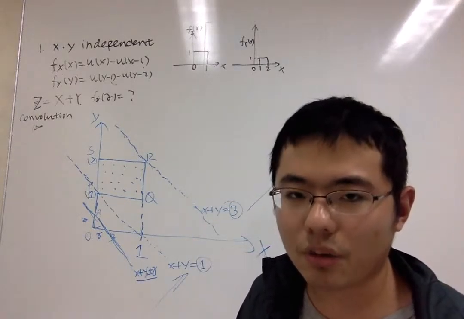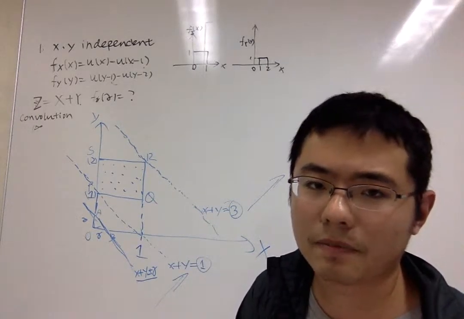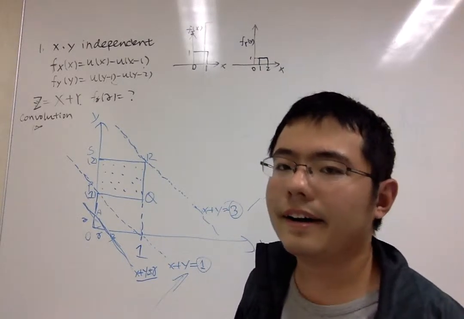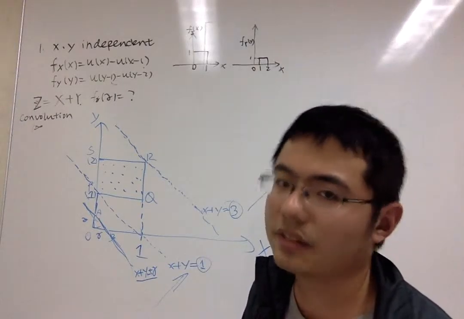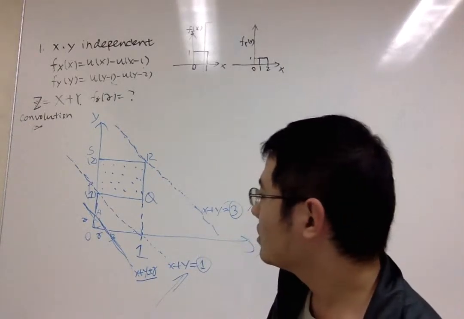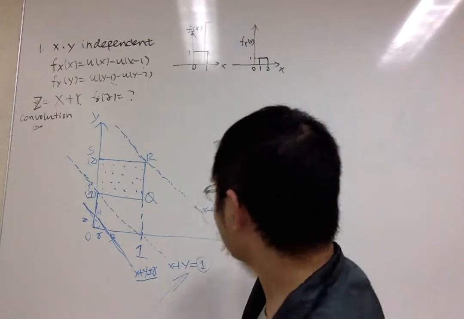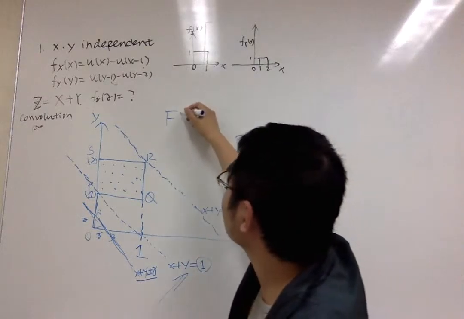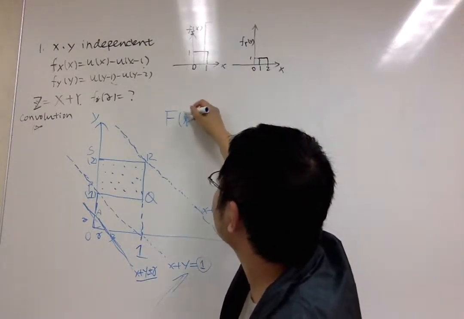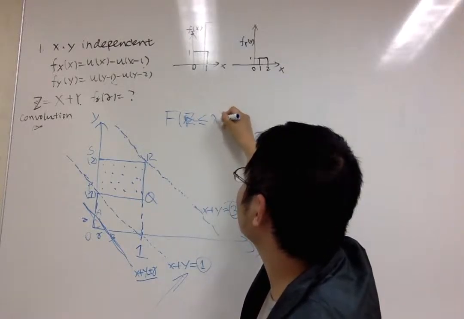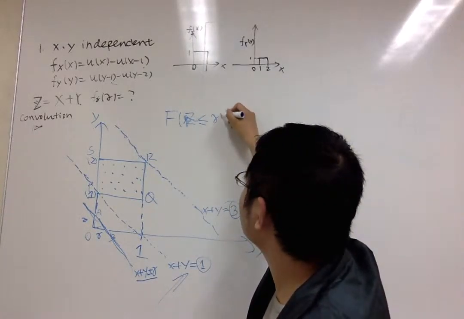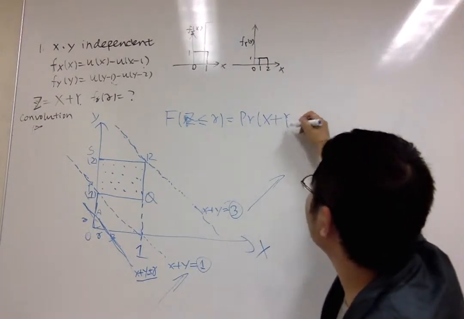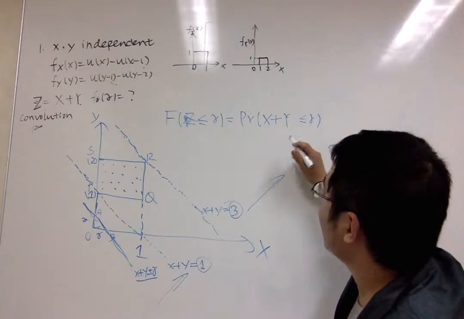Now we need to calculate the density function. The density function may be very hard to get, but the probability is not hard. We know that the probability function where capital Z, the variable z, is smaller than a certain z, equals the probability that x plus y is smaller than z.